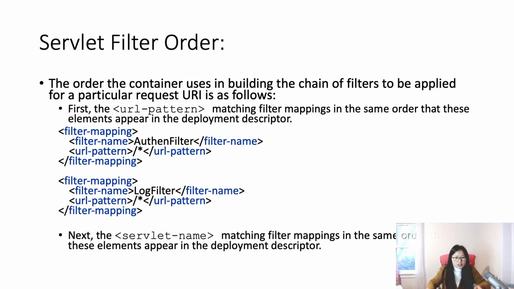Which means, suppose now we have a request that comes. The request URL is http://localhost:8080, then a context root, and then welcome, or web something, or hello.